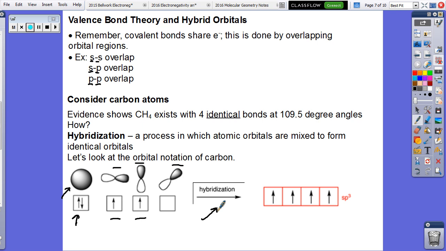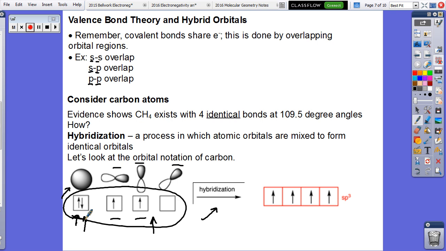One thing that may help you understand this is when you mix paint together. If you have white paint and red paint, those are 2 different colored paints, just like we have s orbitals and p orbitals, 2 different types of orbitals. Well, when you mix white paint and red paint together, you don't see the red and white anymore. It's actually a new color. It's pink. When these 4 orbitals blend together, they hybridize, and they make new hybrid orbitals.